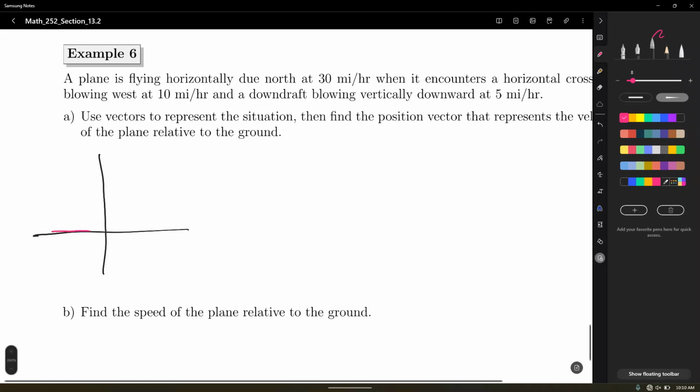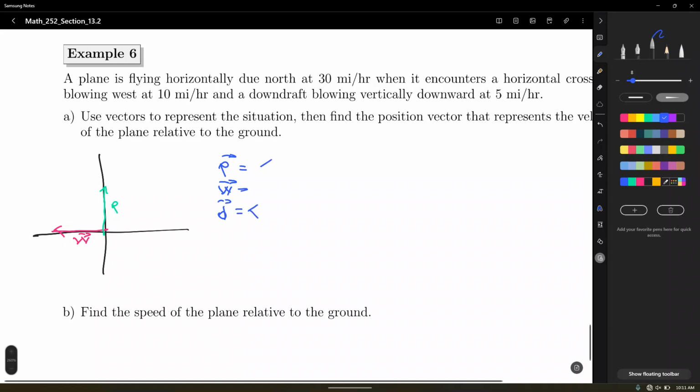That is vector W and vector P. If we put this in perspective, that downdraft vector would be stabbing the screen. Do you guys agree with this? So let's represent that: P for the plane, W for the wind, which is going to the west, and D for downdraft.